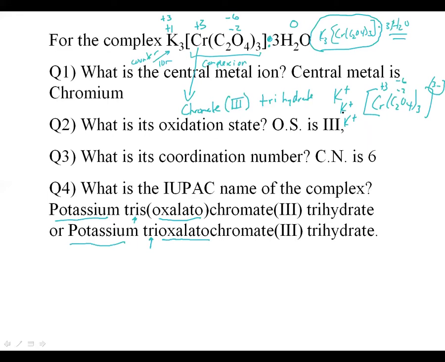And whenever your complex ion part is negative, then you use the old way of naming it. It is only when your complex ion part is positive that you would use the regular name. So if the complex ion was positive, then you would use chromium. But here, because the complex ion part is negative, you have to go with the older school way of naming it.